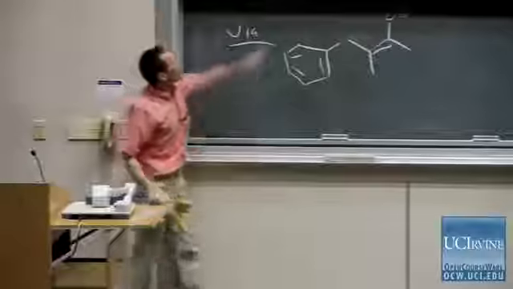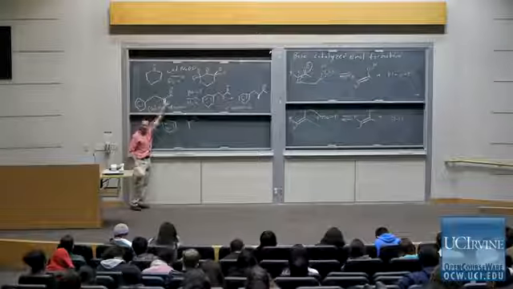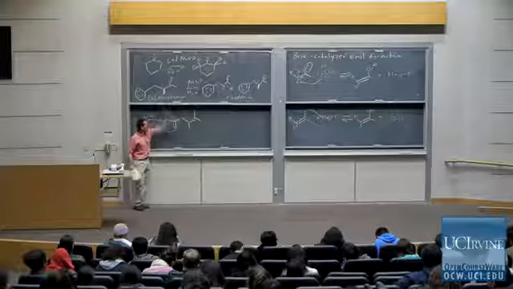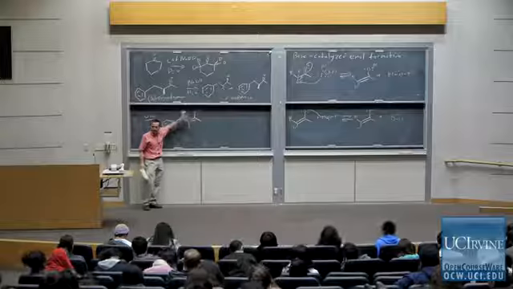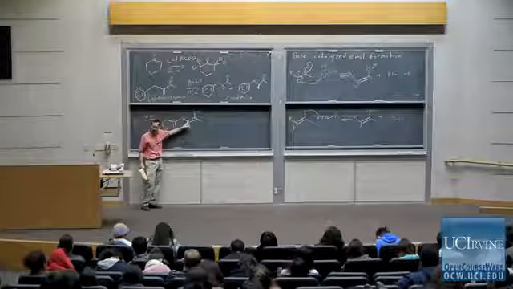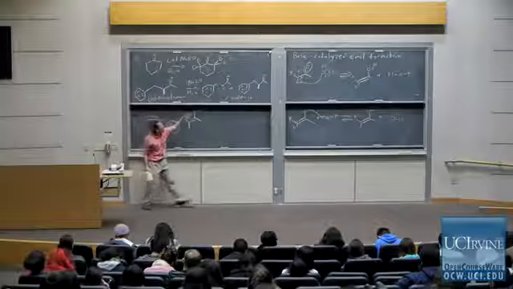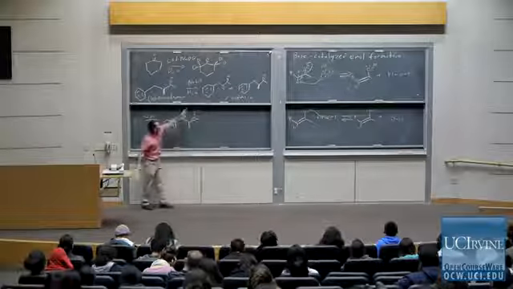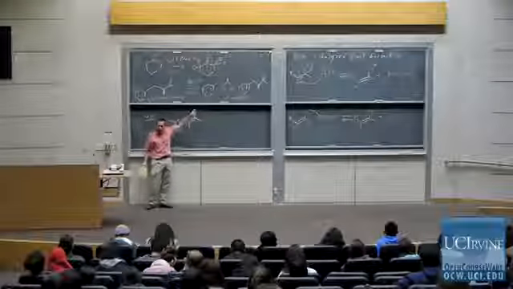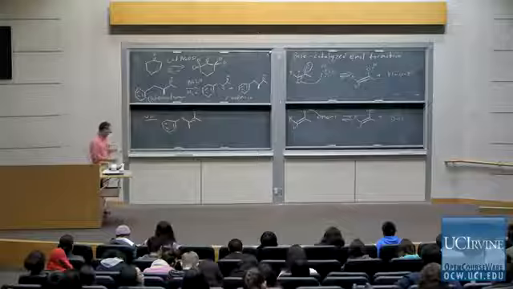In other words, you can picture in your mind's eye the base pulls off the alpha proton. We get the enolate. The enolate is flat. We have no chirality to the enolate. If a proton comes from the back, we get the original enantiomer. If it comes from the front, we get the new enantiomer. And so our compound racemizes in aqueous base.